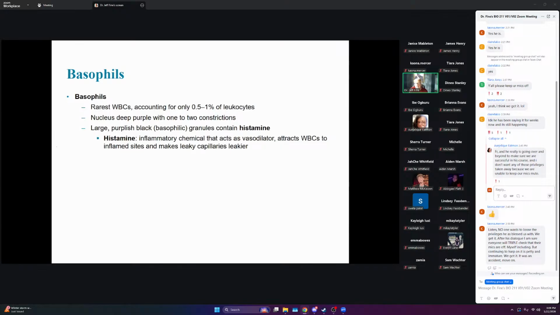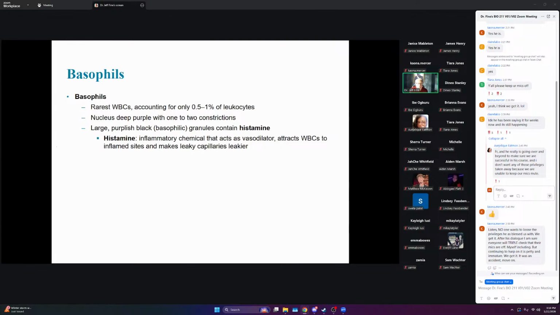These basophils contain histamine. Histamine is something that causes inflammation. Antihistamines reduce inflammation caused by allergies, for example, but a histamine causes inflammation. And we talked about just a few minutes ago that inflammation is often the first step in healing and repair in the body.